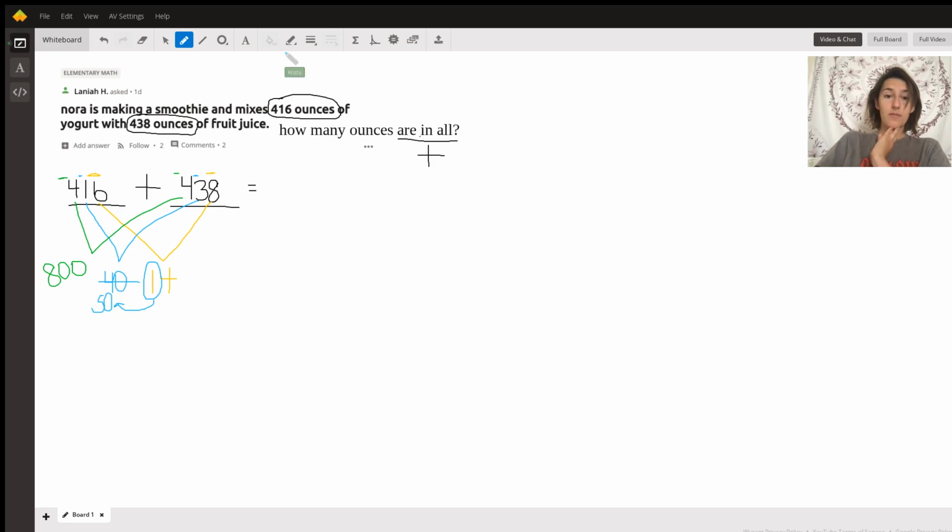Now we're going to put the numbers all together. 800, the 8 goes in the hundreds place. 50, the 5 goes in the tens place. 4.